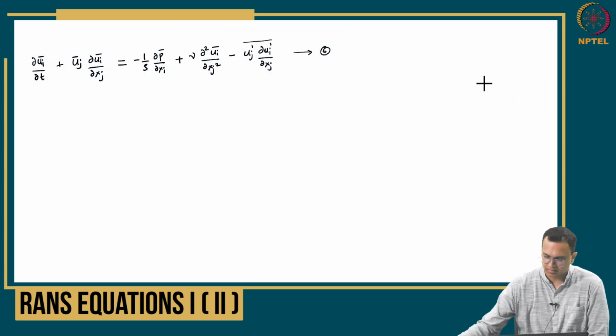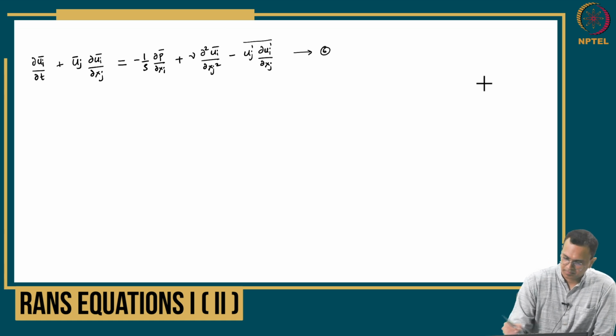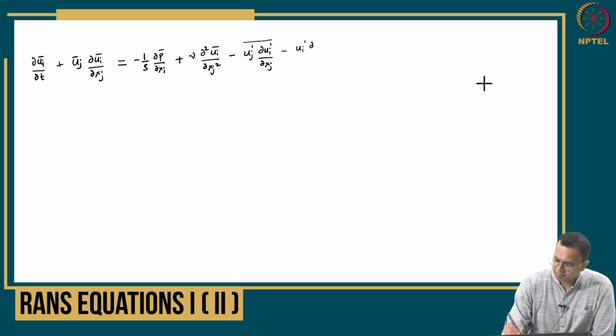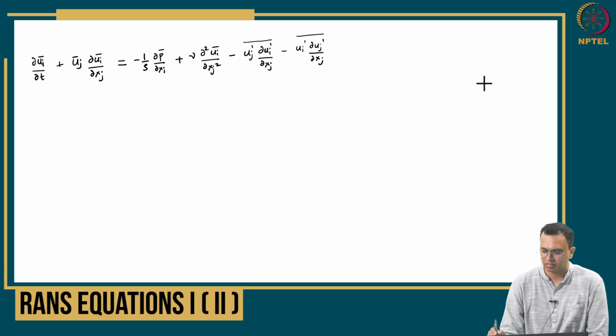Now we are going to add the 0 term, which is, I am going to add or subtract, so I am going to make minus ui prime dou uj prime by dou xj, okay.